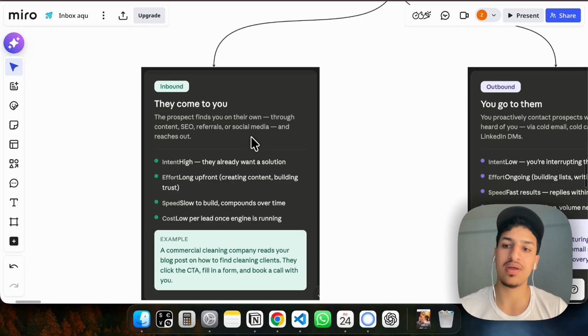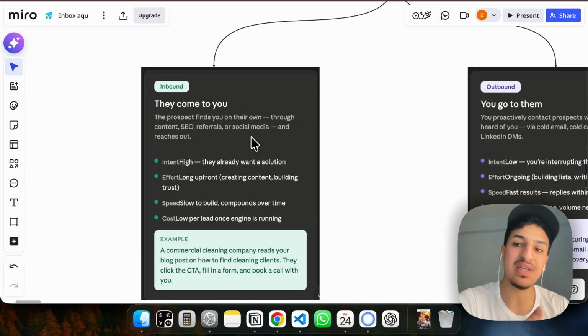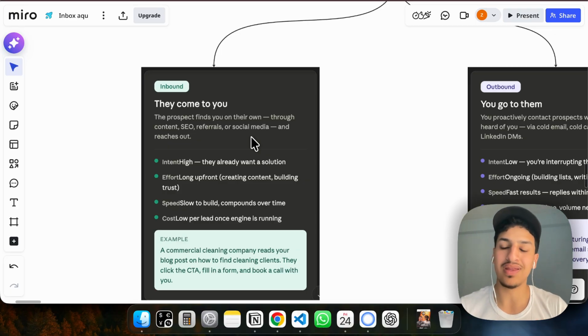All types of marketing that lead people to you, and they sign up in a form, that's considered inbound leads.